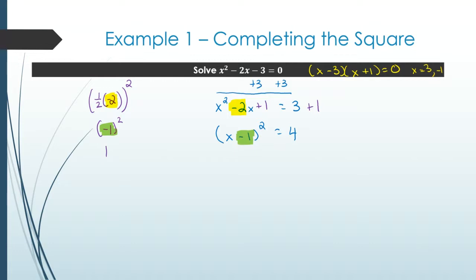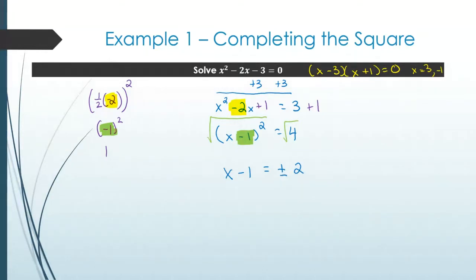So when we have something squared, we can take the square root of both sides. And remember, that's going to give you a plus or minus. So on the left, the square root cancels out the square. I'm left with x minus 1. And then on the right, I have plus or minus the square root of 4, which is 2. Now this is where we have to set up 2 equations.